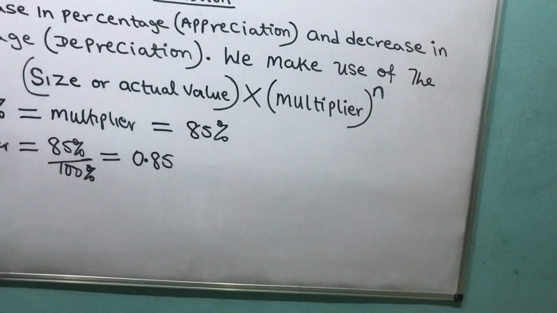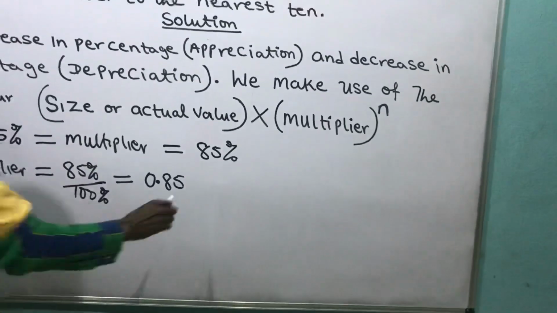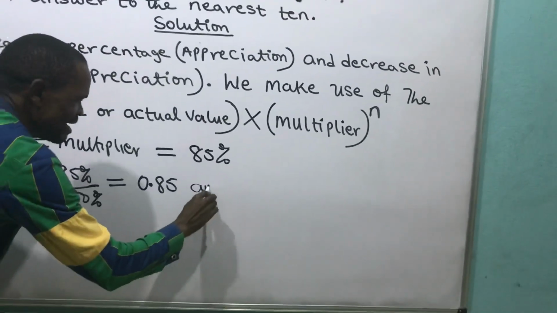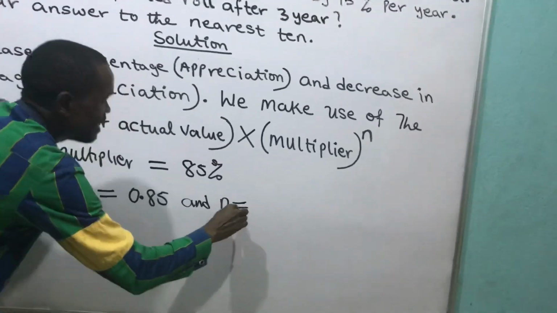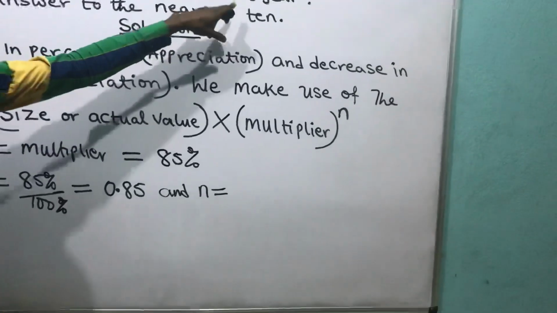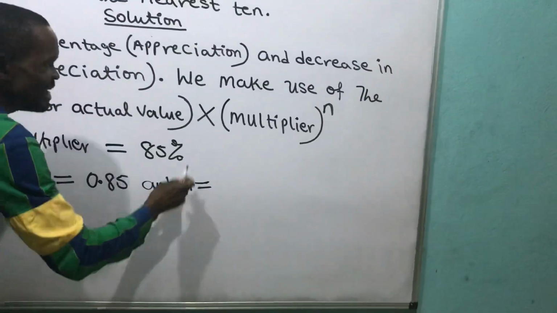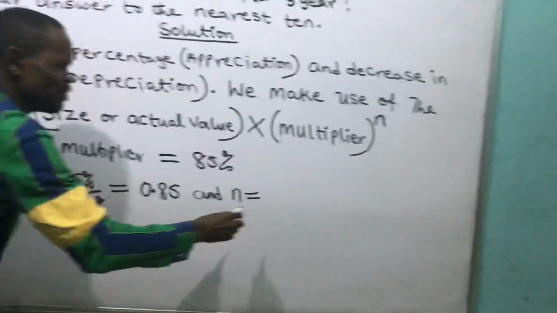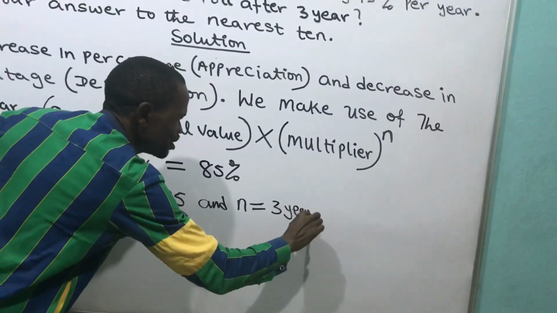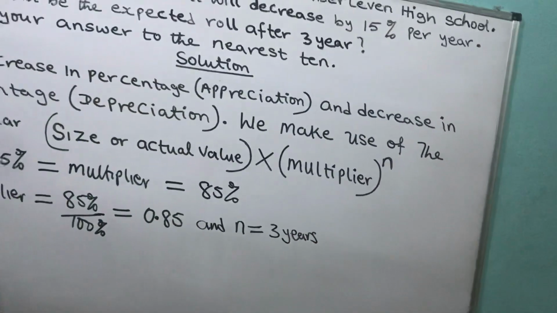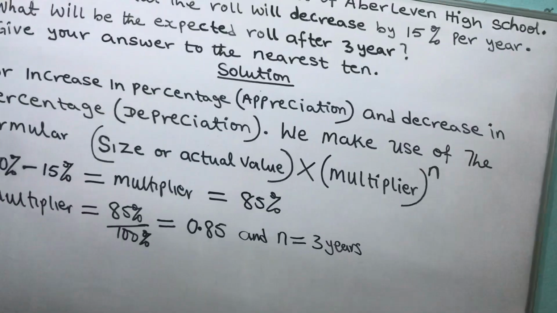Now the number n. In this question, n is the time of depreciation, which is 3 years. Now I'm going to put this in my formula.